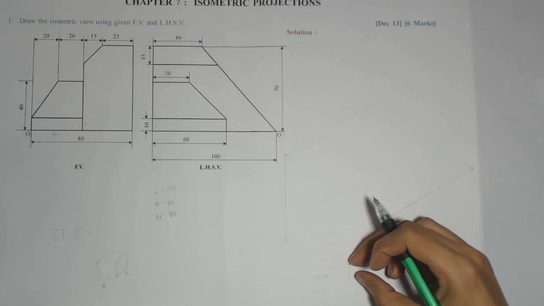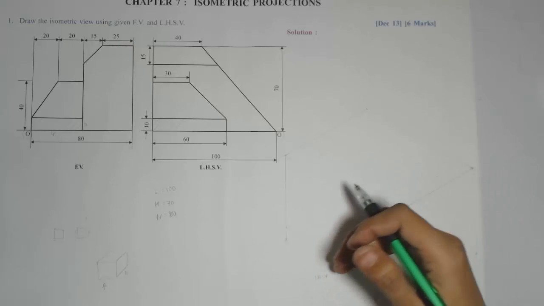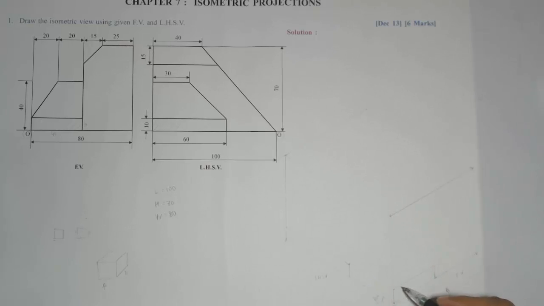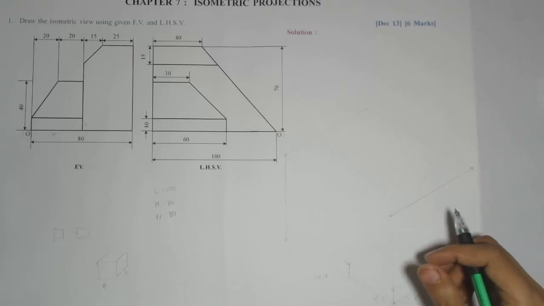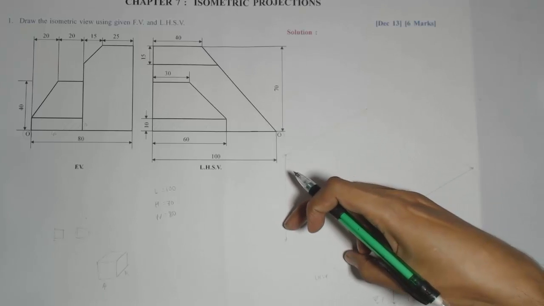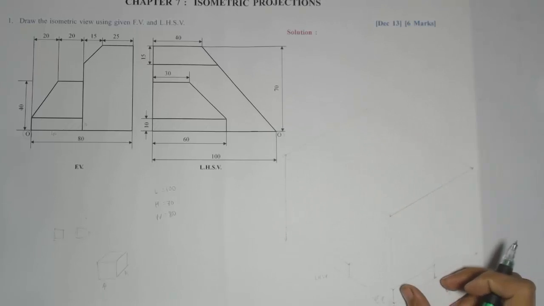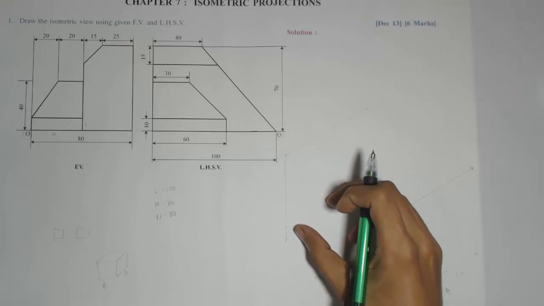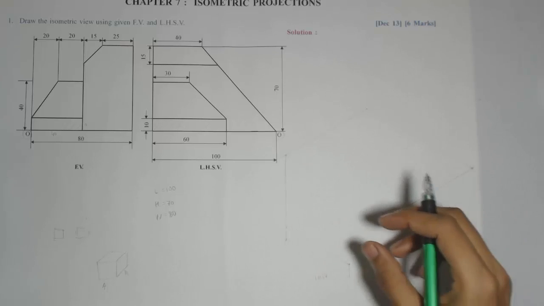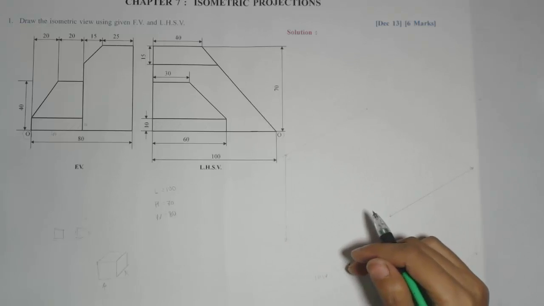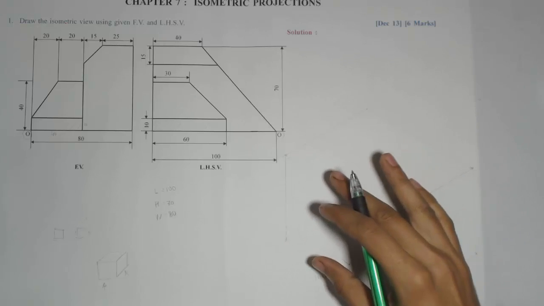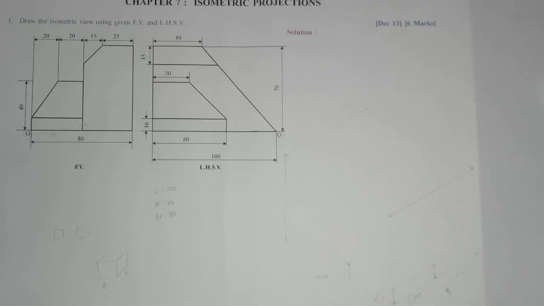So now I am going to produce projectors from each corner along the width, and similarly this rectangle we have marked along the width, again having 4 corners. So from each corner now I will produce along the length, and where the projectors from this view along the width and this view along the length intersect, that will give me the intersecting points, and after joining those points I'll be able to get an isometric view for these two views, side view and front view.